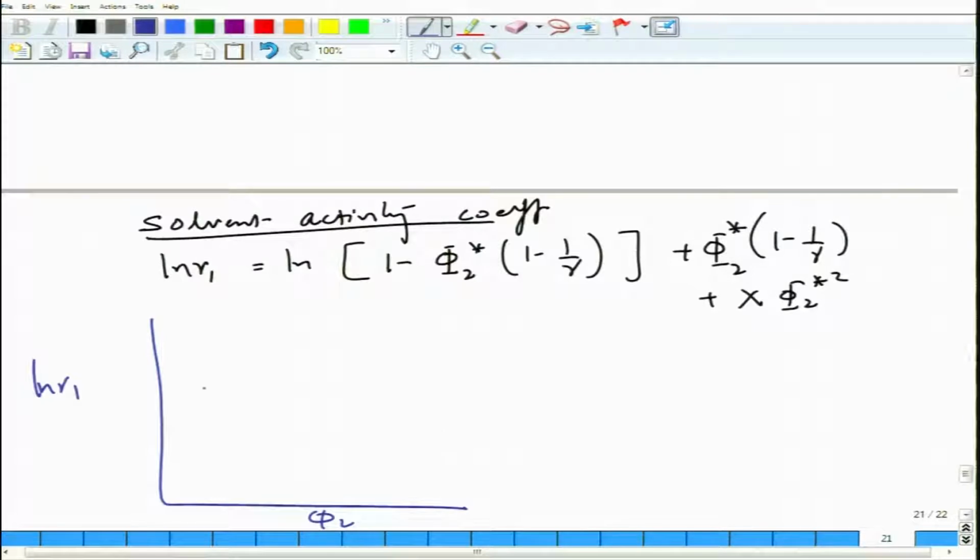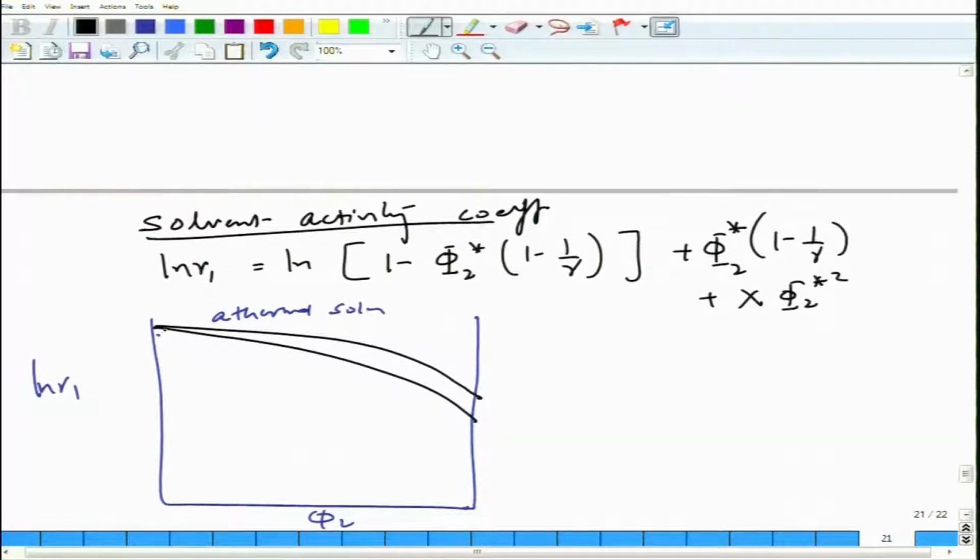So when you consider an athermal solution, you will see something like this, where r increases along with that. This would correspond to r infinity.